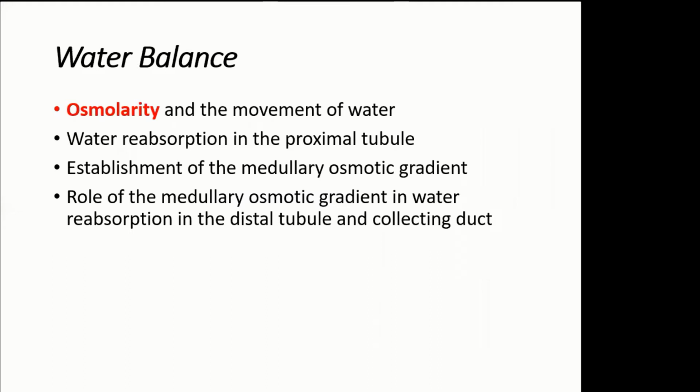So water reabsorption in the proximal tubule, the first part of the nephron, after we exit the renal capsule with the glomerulus and Bowman's capsule, we have water being reabsorbed, but we remember that this is an isoosmotic gradient. So we have both water and salt moving out in the proximal tubule.